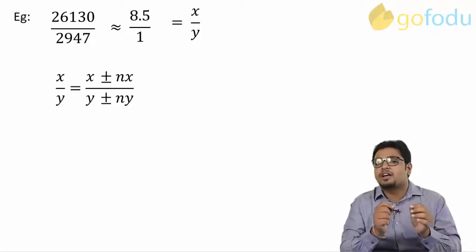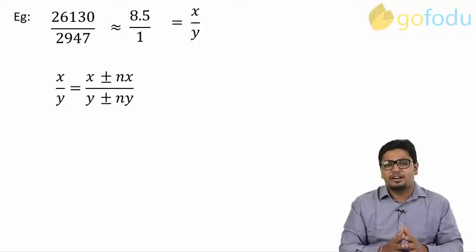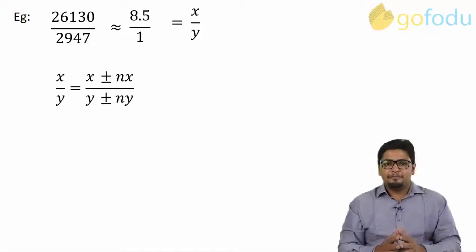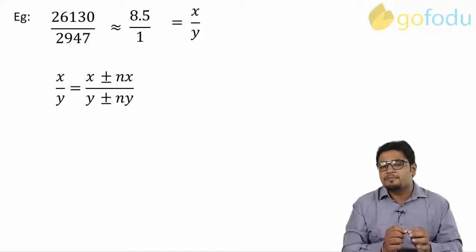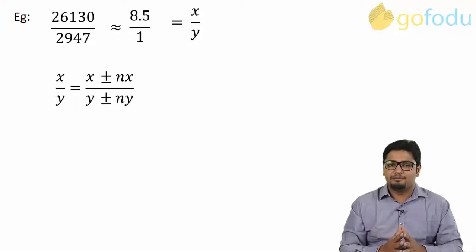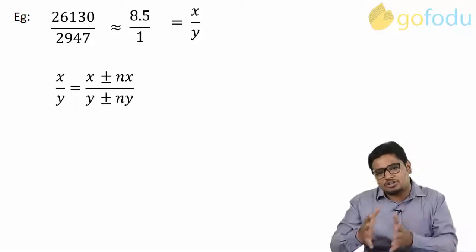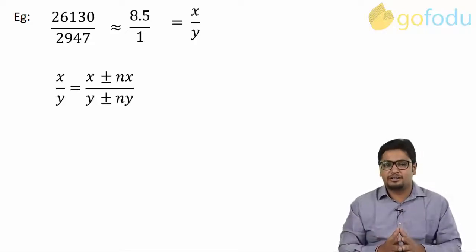N plus 1 will come out common in both numerator and denominator, giving back x upon y. Most of the time, we will be simplifying the denominator only. Ny is nothing but the value that we need to add or subtract from the denominator.